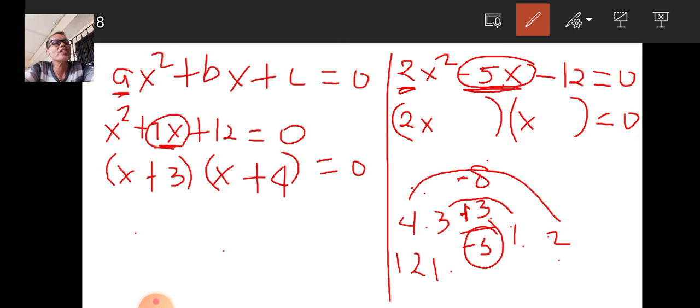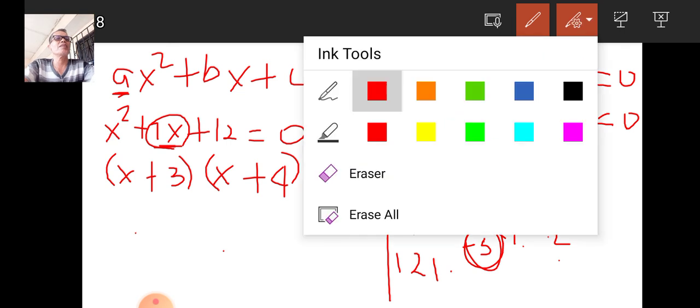This must be 4, 1 times 3. And 4 must be negative and 3 must be positive. So if you multiply 3 times x, you will have 3x. 2 times 4, you will have negative 8. Negative 8 plus positive 3, you will have negative 5, which is the middle term. Okay?